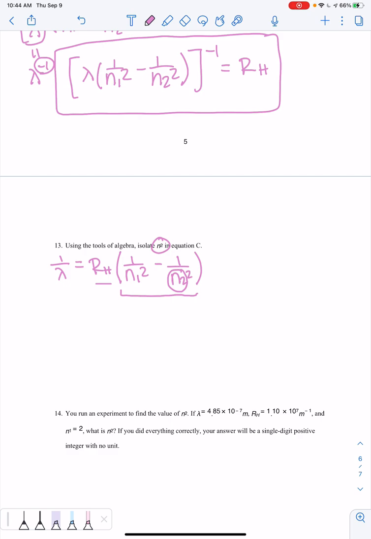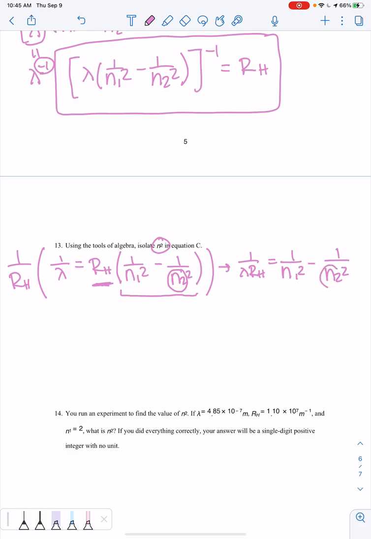And to do that, we can just multiply everything by 1 over RH, which would cancel out the RH on the right side of this equation. And that would give us 1 over lambda times RH is equal to 1 over N1 squared minus 1 over N2 squared.